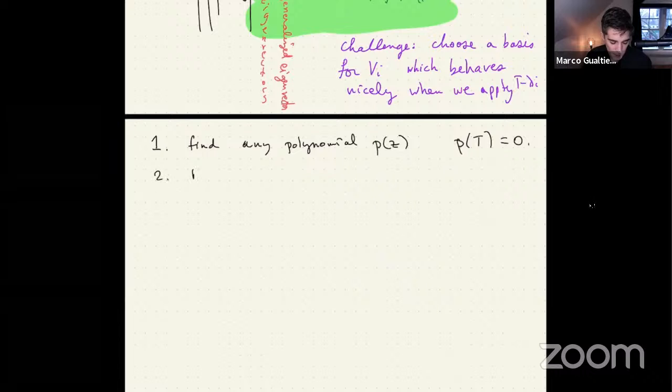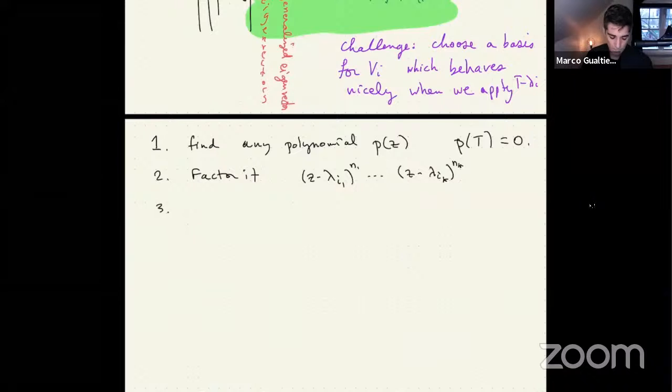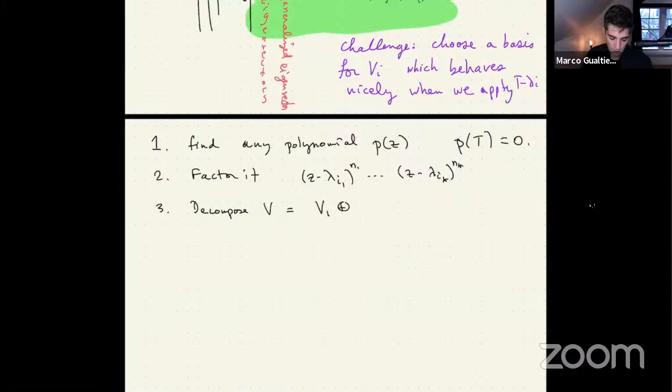Number two, factor it. We're going to get (z minus lambda_1) to the n_1, up to (z minus lambda_k) to the n_k. Number three, decompose V as a direct sum of k parts, which are completely independent.